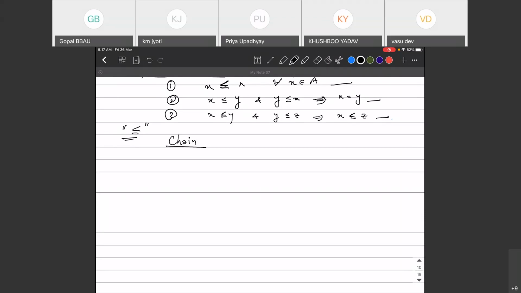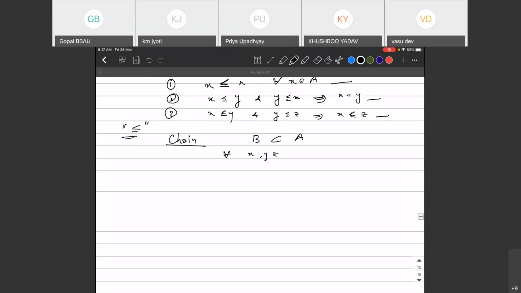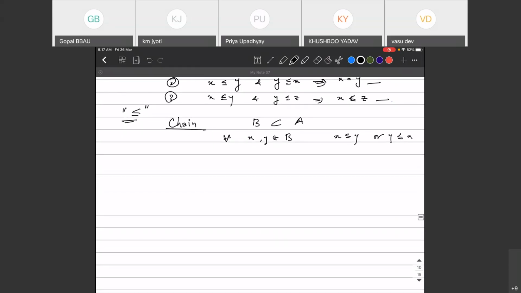We have A as a partially ordered set and B is a subset of A. Then B is a chain if every element of B is comparable, meaning for all x, y in B, either x is less than y or y is less than x or both. Correct?